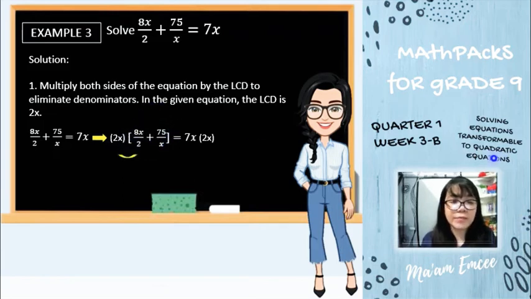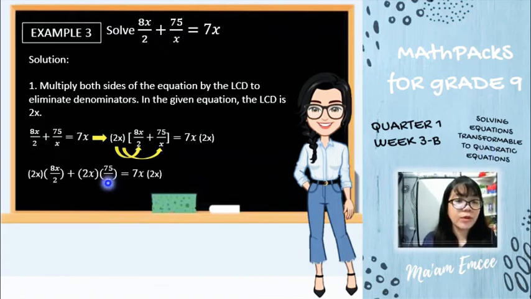Now we simplify. 2x will be multiplied to 8x over 2, and 2x will be multiplied to 75 over x, as well as 7x to 2x. Now 2x times 8x over 2. So we cancel out 2 because 2 divided by 2 is just equal to 1.